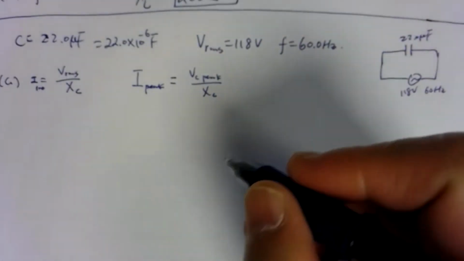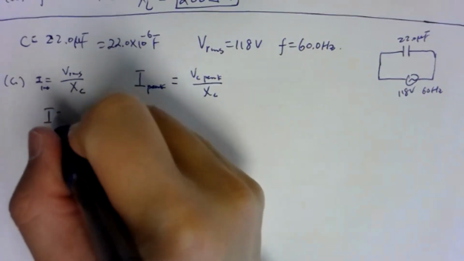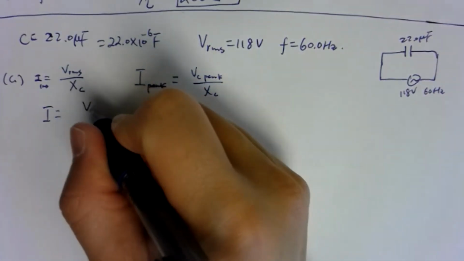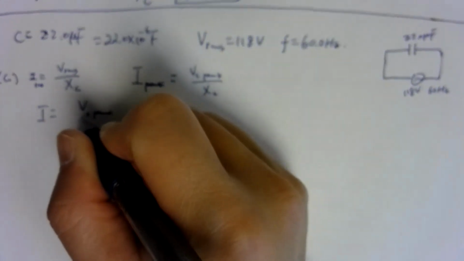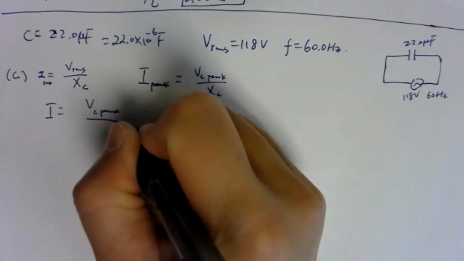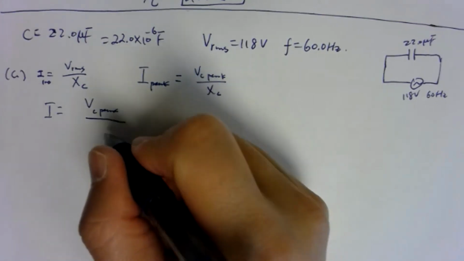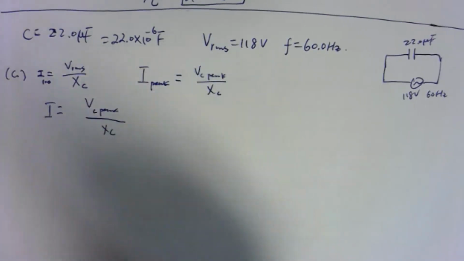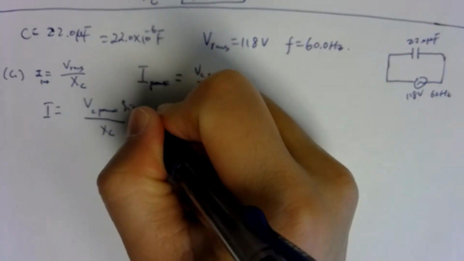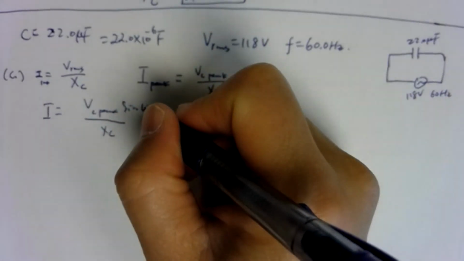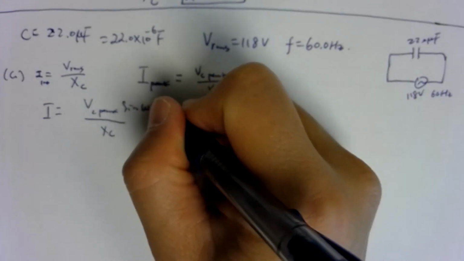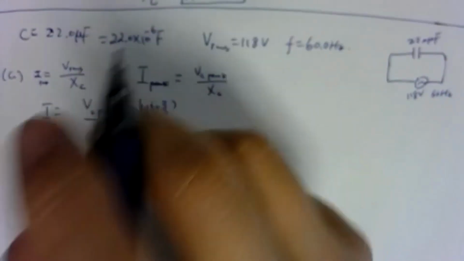A few more slides back, you'll see that I is equal to V peak over X_C, sine of omega t plus pi over 2.